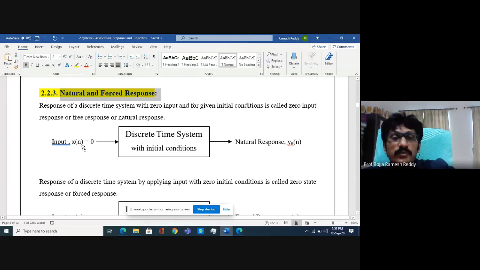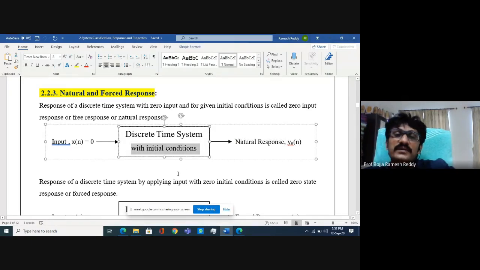Without giving any input, consider initial conditions, like in the case of some circuits, where initial conditions mean current or voltage before, that is, t less than 0, at t equal to minus 1 or minus 2. You need to consider initial conditions to evaluate the response of a system without giving any input.